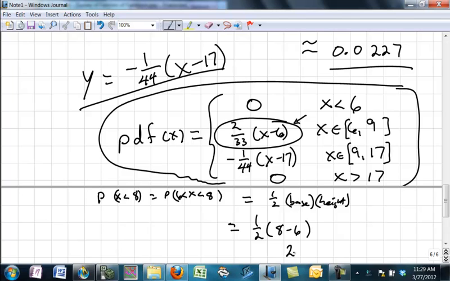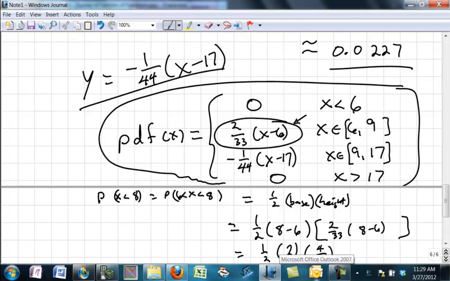Okay, what's the height here? Well, for the height we use this formula, 2 over 33 times 8 minus 6. So 8 minus 6 is 2, times 2 over 33, this is 4 over 33. So there's the height, right here.